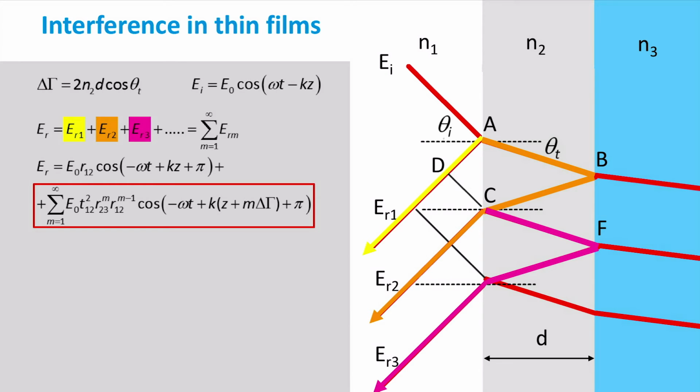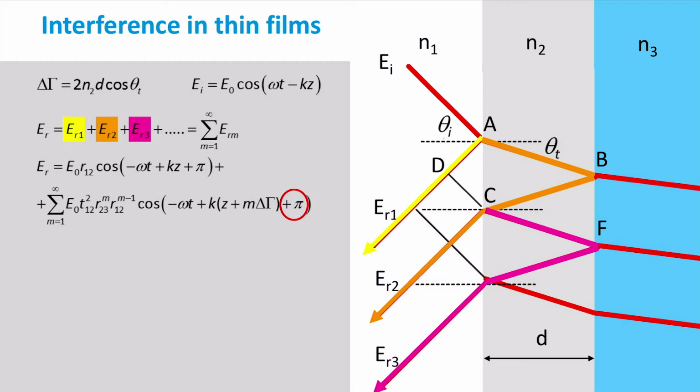The path length denoted by z is adjusted by the optical path length difference. The optical path length difference is multiplied by m to account for the multiple reflection incidents. Since all reflected waves undergo an even number of reflections at a high refractive index interface, they exhibit a 1 pi phase shift with respect to the incident wave.